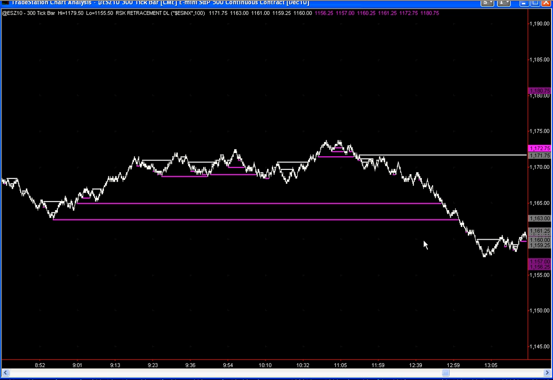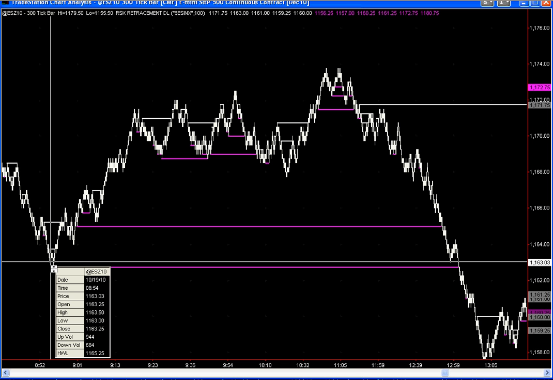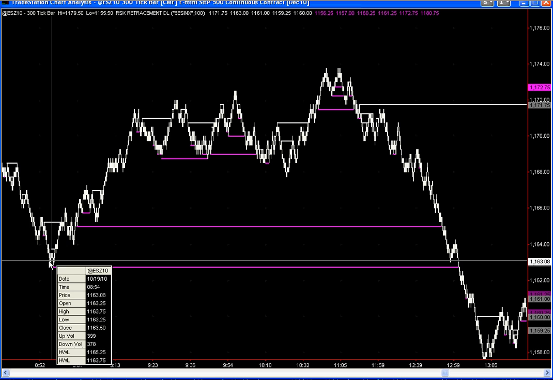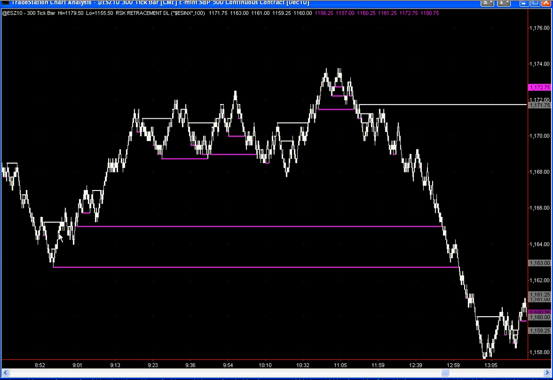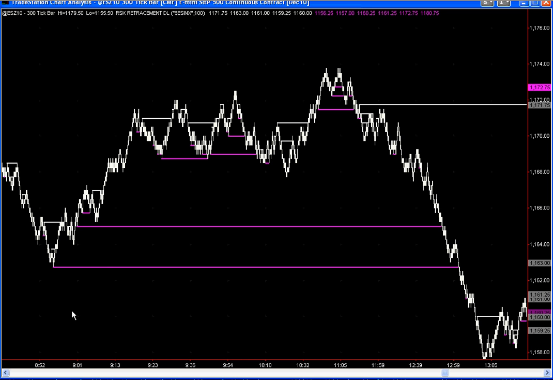So let's make this abundantly clear. You take a long trade down in this vicinity here. Let's just say you get in at 63.25, and you've got a retracement line that's up here at 65. That's a nice scalp, real nice scalp, very high probability.